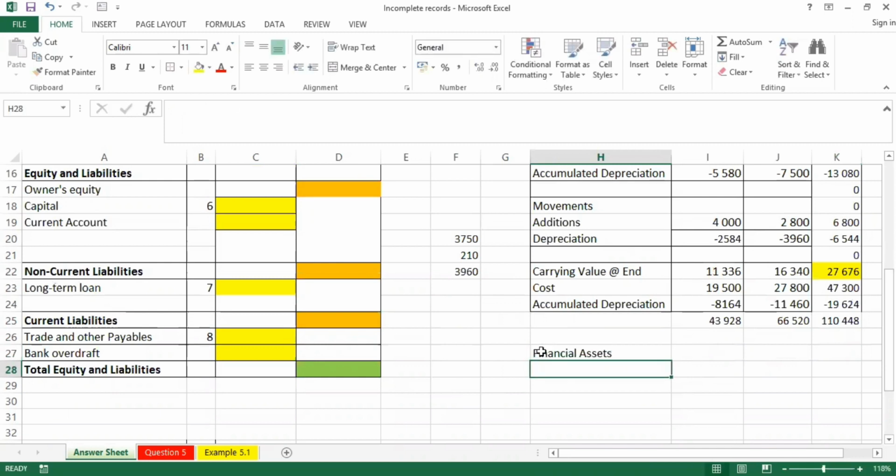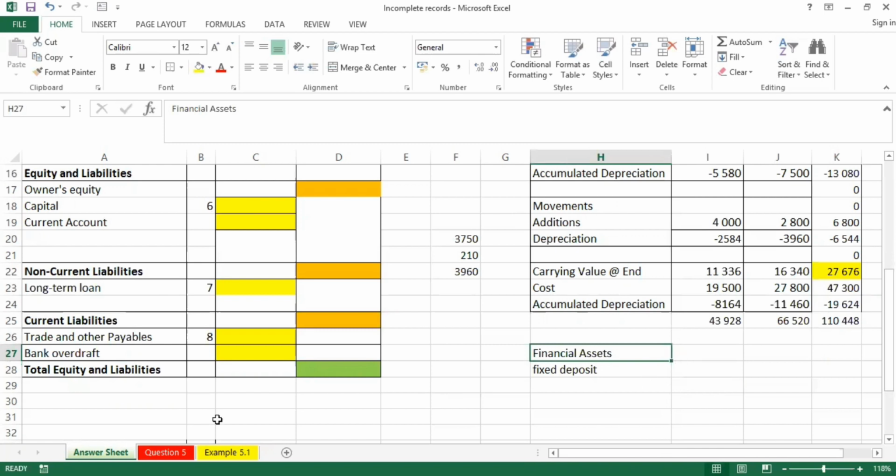In our financial assets, we talk about our fixed deposit. So we need to check everything concerning our fixed deposit in order to get our financial asset.